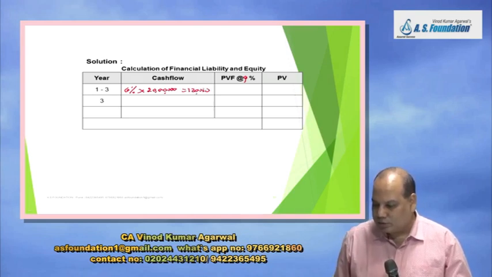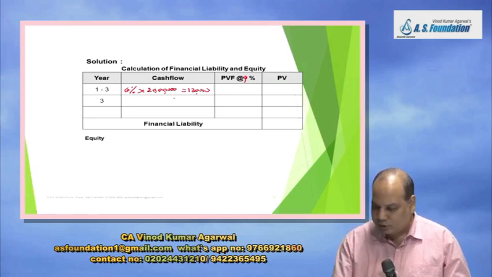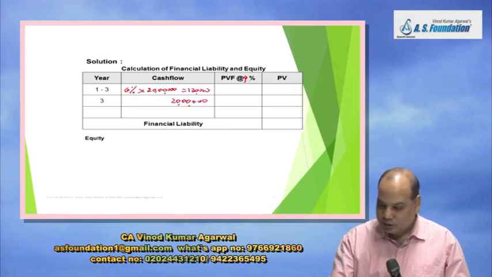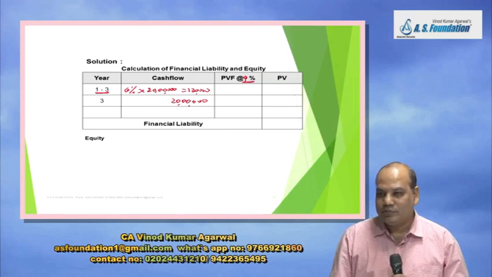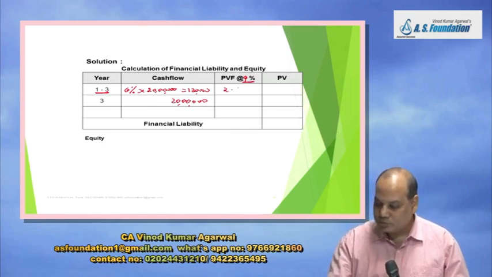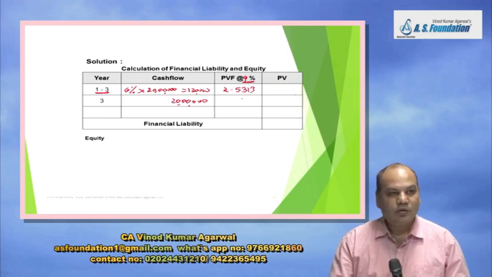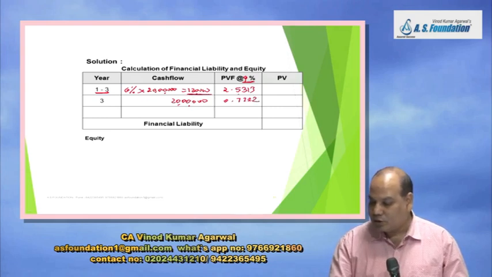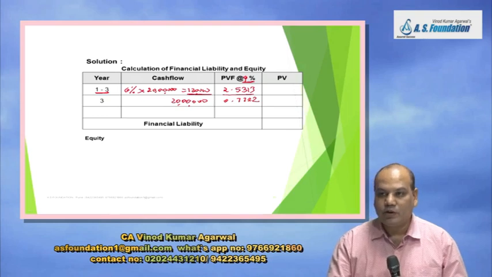And then year 3, you will have to pay 20 lakh. Can you tell me the factor for 9% and 3-year annuity factor? 2.53. Okay. Is it right? And year 3 only, 0.7722. Very good. Multiply 1,20,000 into 2.5313.